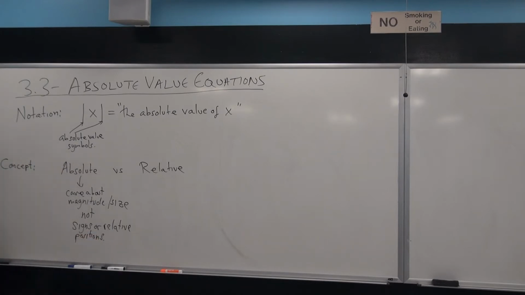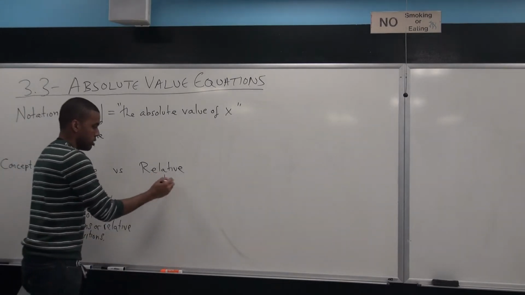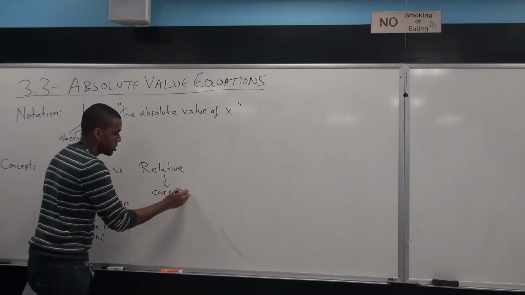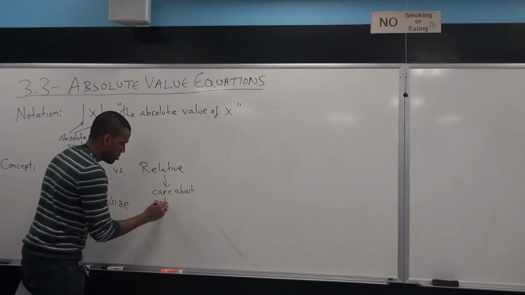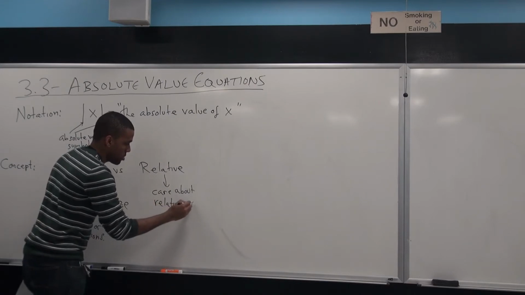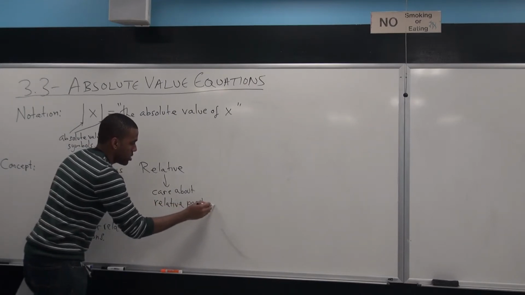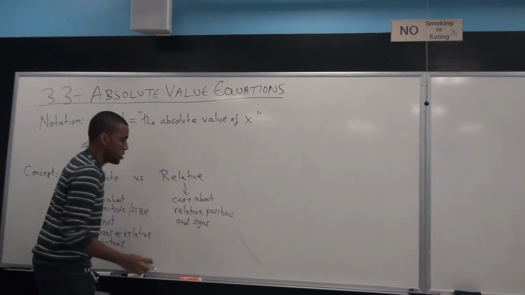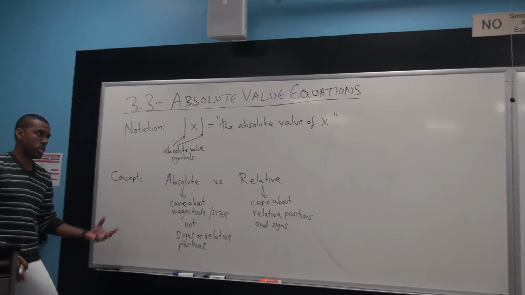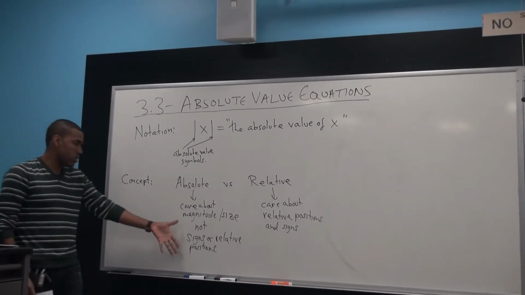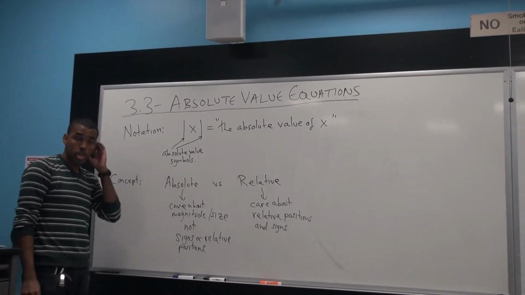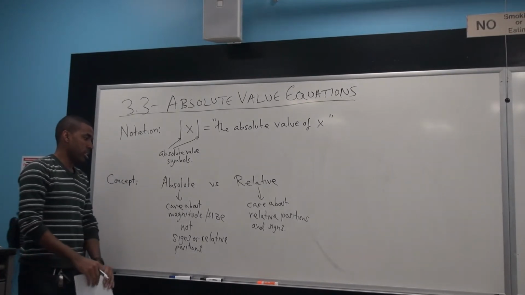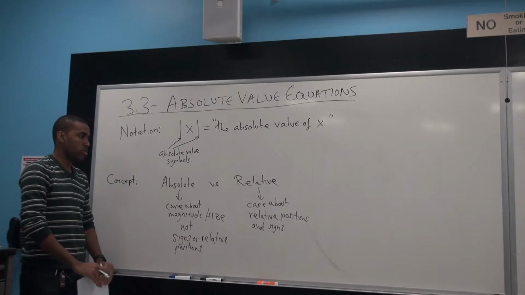So, in relative, we care about relative positions and signs. Right, so absolute just cares about the size of something, how big it is, and necessarily we usually talk about this in terms of positive numbers or non-negative numbers. You know, like 2, we can think of that as an absolute value, it's the size of something.